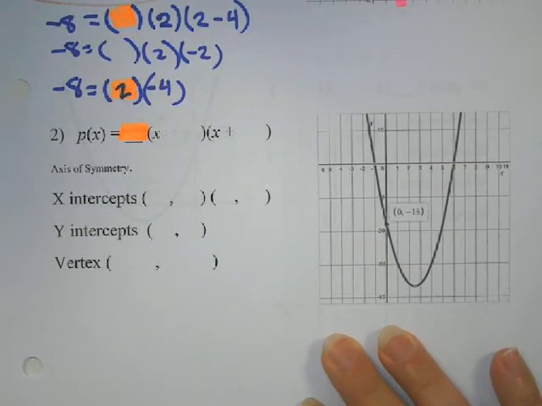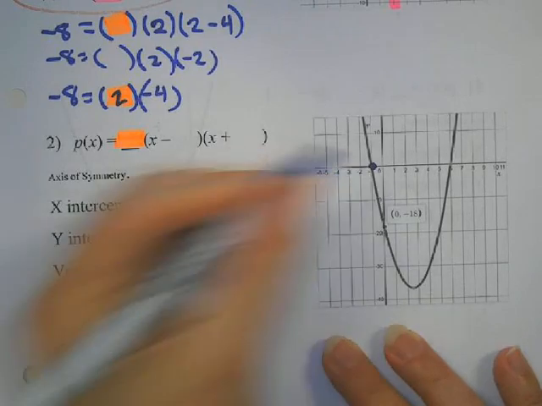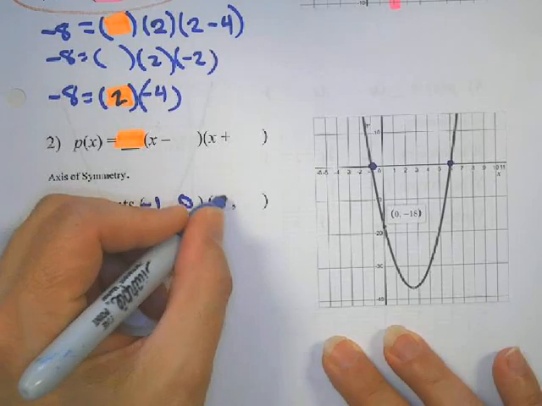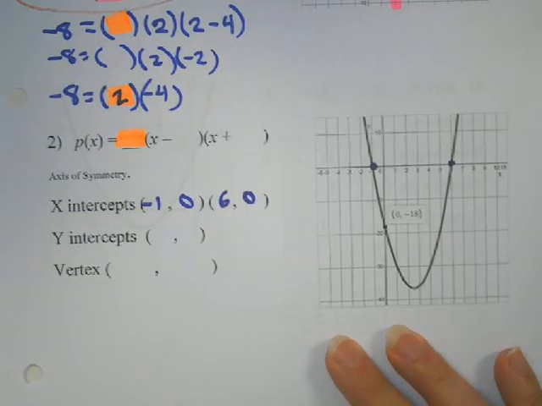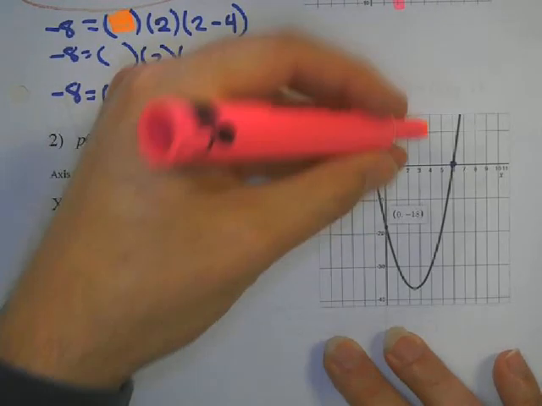Okay, so here we know our x-intercept is at negative 1, and this one here is at 6, comma 0. Okay, and halfway between negative 1 and 6 is going to be right about here.